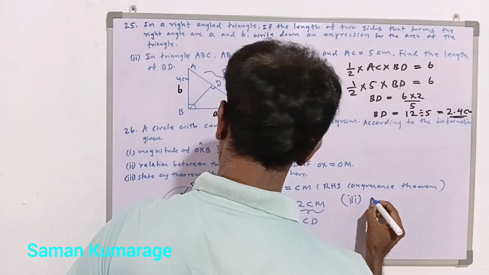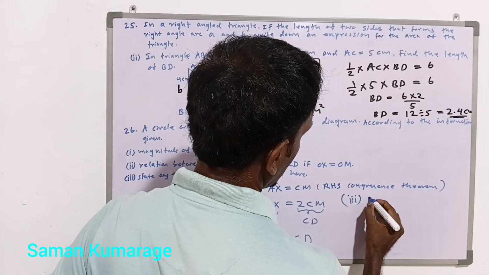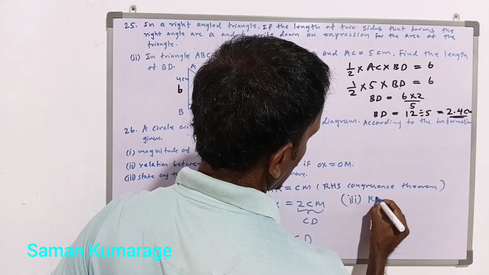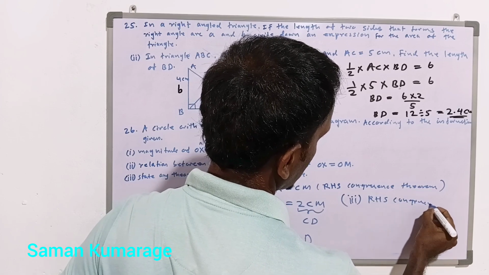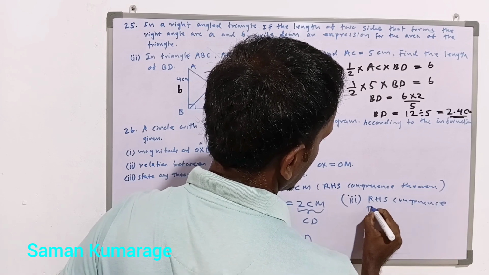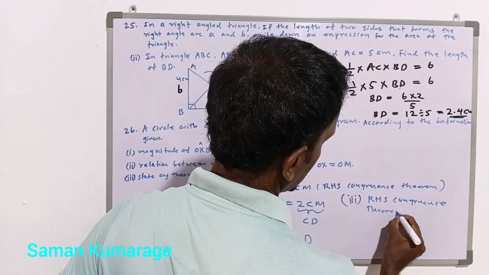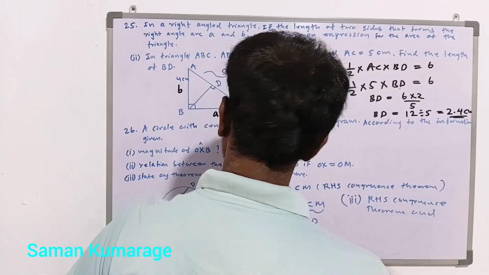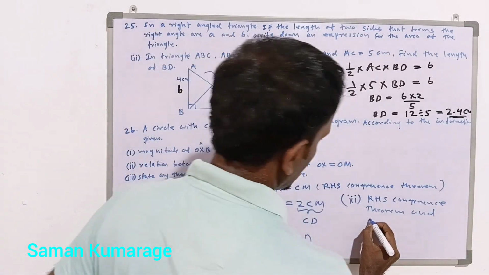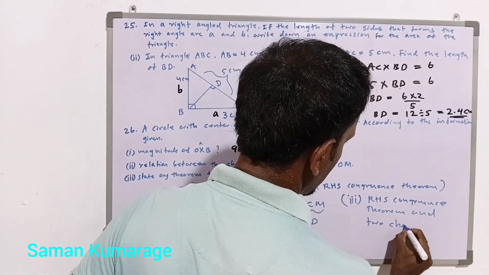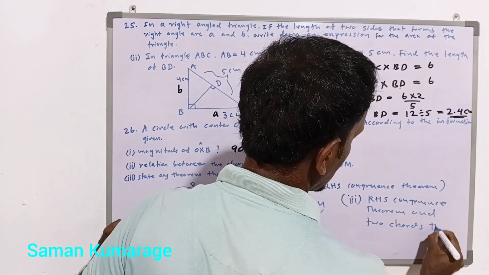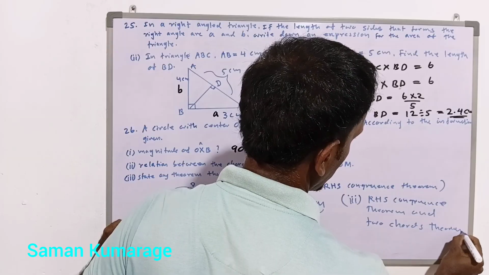So we can say RHS congruence theorem and the chord's theorem.